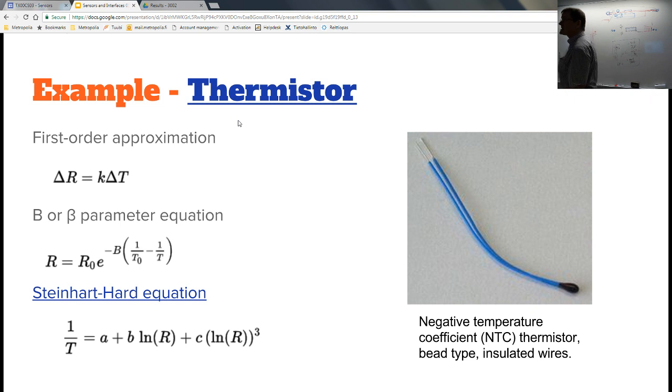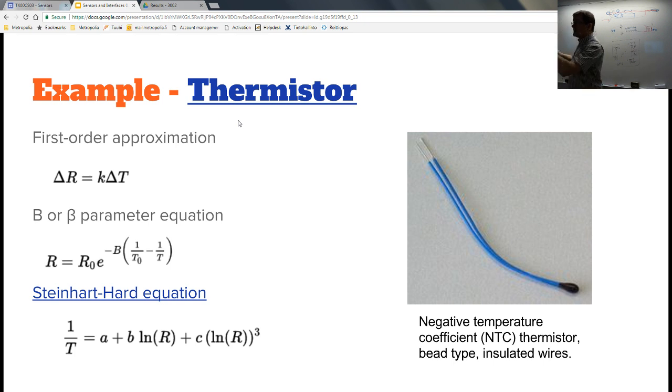So let's see. Does it go like that? No, it goes like that. Okay, so exponential with the negative b. Yes.